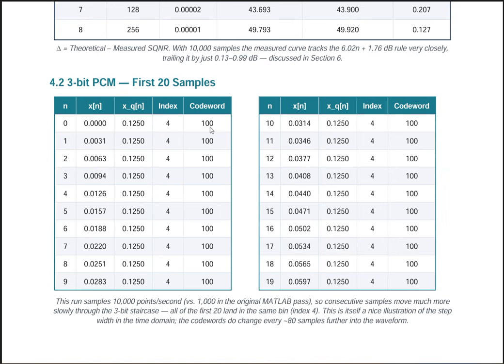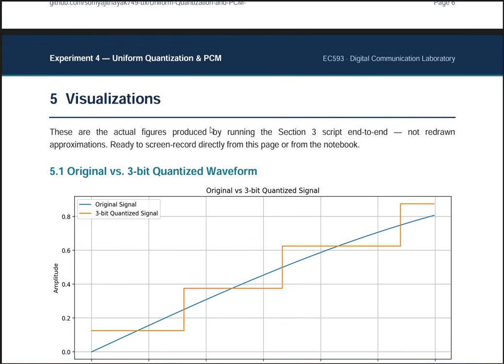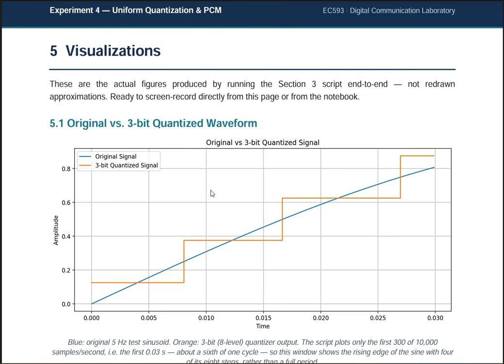Now move on to the visualization or output graphs. The first graph compares the original sine wave with the 3-bit quantized signal. We can see clearly the original signal is smooth.